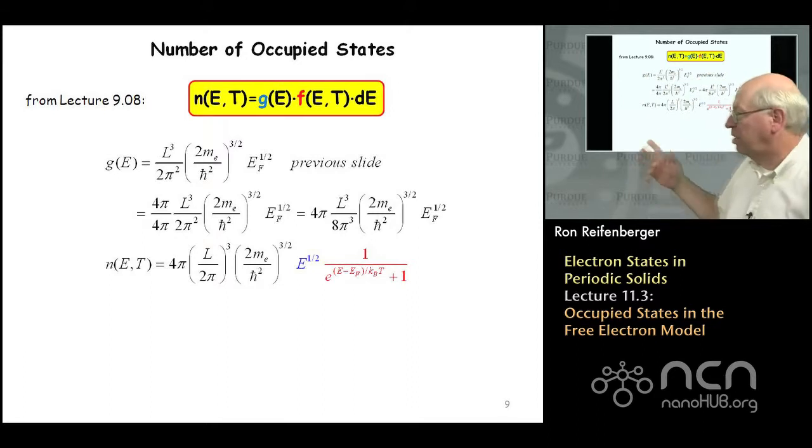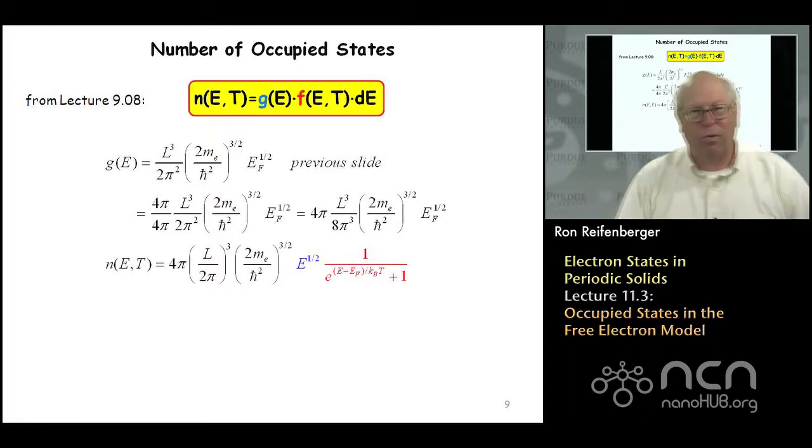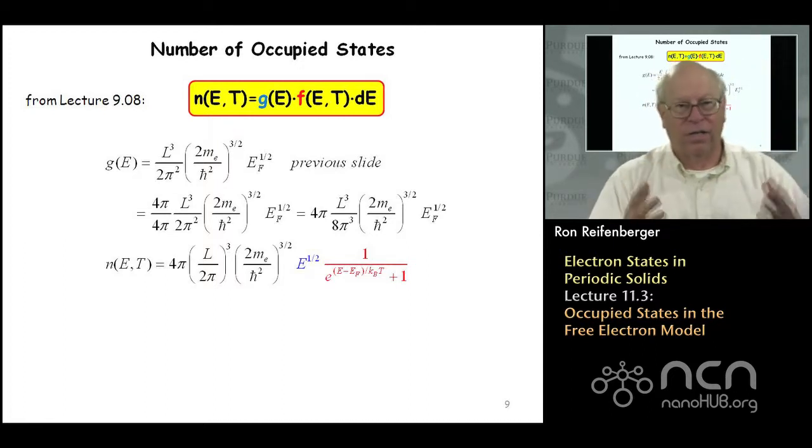So this derivation includes the factor 2 for spin because that was put into the calculation up front. If the spin is not included when you calculate the density of states, then very often you'll see a factor 2 in the numerator of this Fermi-Dirac distribution function. So it's just a question of where in the calculation you account for the spin of the electron.